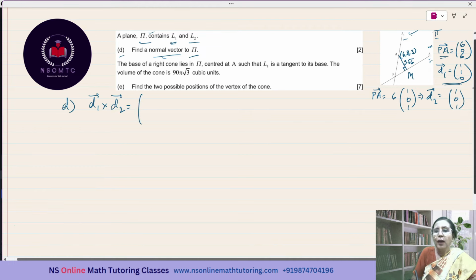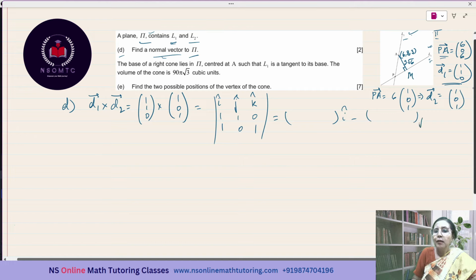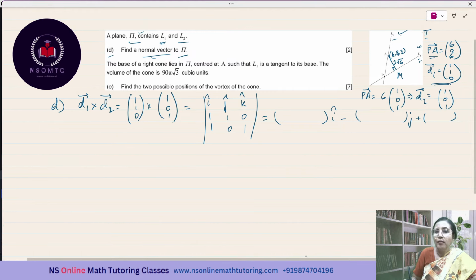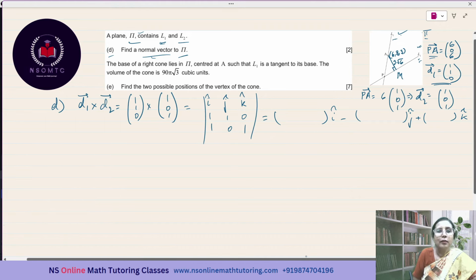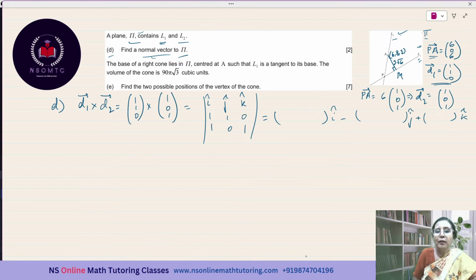So it is (1, 1, 0) cross (1, 0, 1). This is equal to i minus j plus k determinants. For i, it is 1 times 1 minus 0.